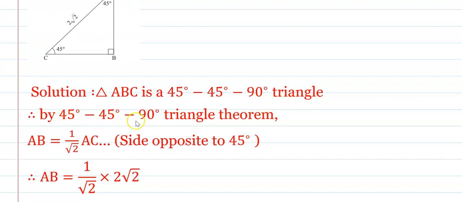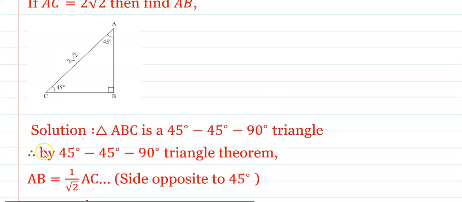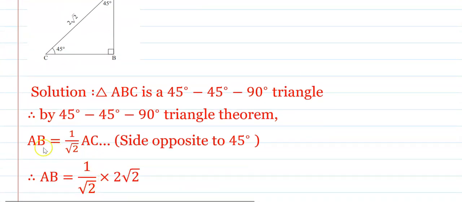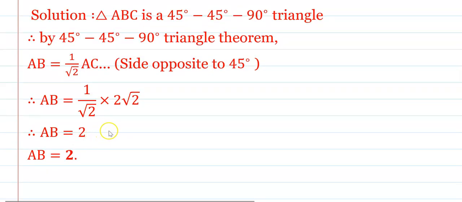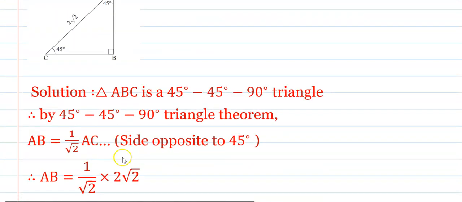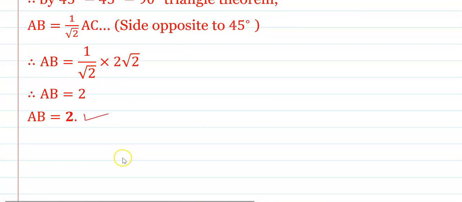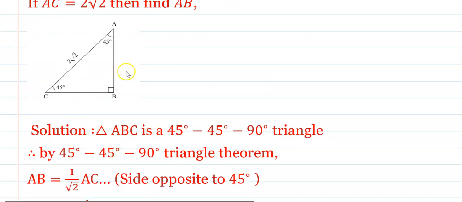By the 45, 45, 90 triangle theorem, the side is 1 upon root 2 into hypotenuse. Therefore, AB is equal to 1 upon root 2 into 2 root 2. The root 2 cancels, and you will get AB is equal to 2. We apply the direct formula to find it. The sides of this triangle are 2 and 2.